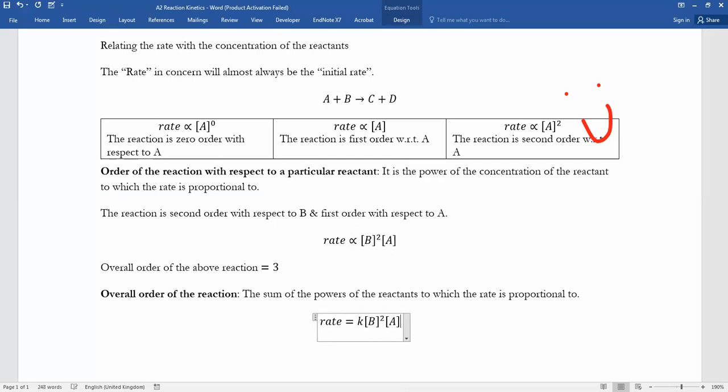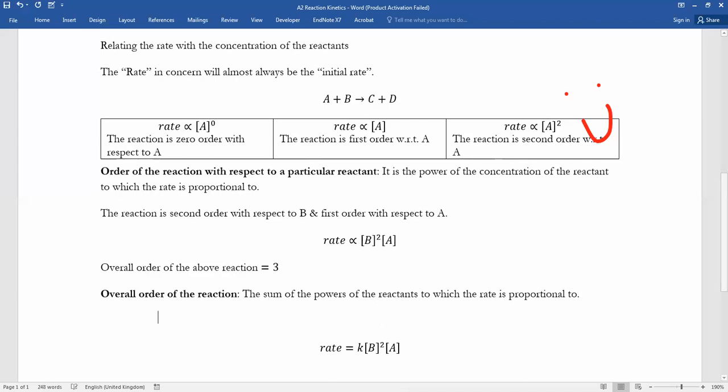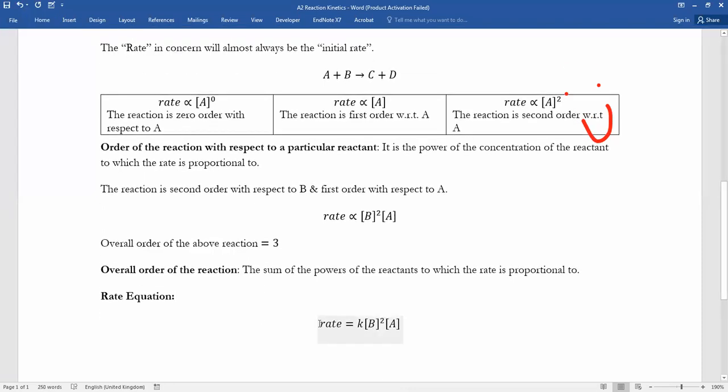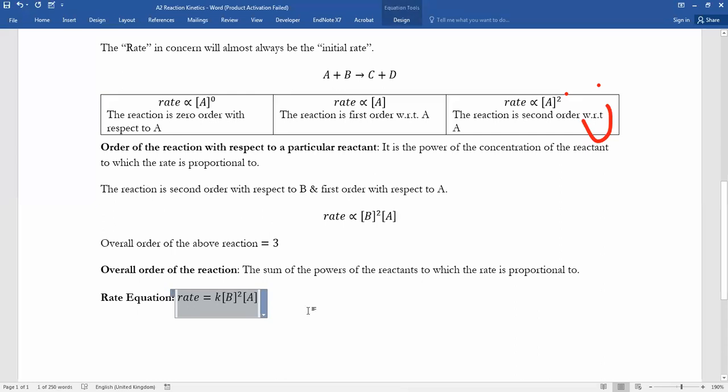Again, I'm using the example above. What is this thing called? पूरी equation क्या कहलाती है? This entire equation is called the rate equation.